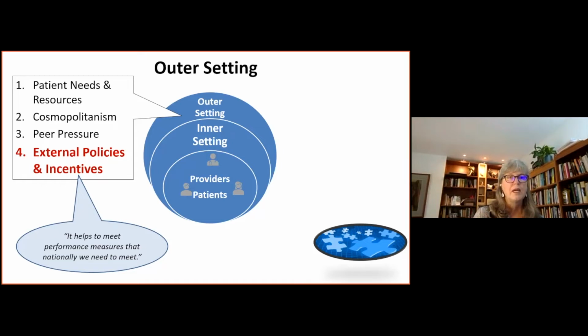This person said, it helps us to meet performance measures that we need to meet nationally. So whether you're within or outside of VA, there are often quality or performance metrics that need to be met, or at least it's better if you do. And leaders are often evaluated based on their ability to meet these metrics. That can be a real advantage if you're able to align your implementation efforts with those leadership goals.